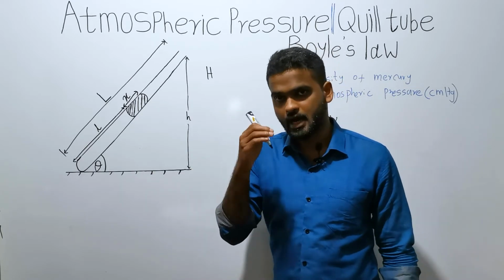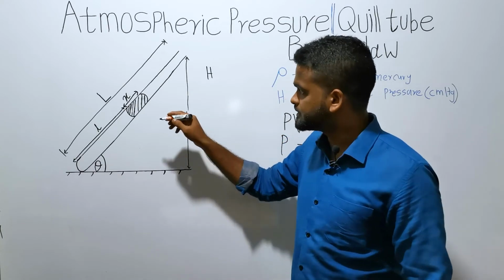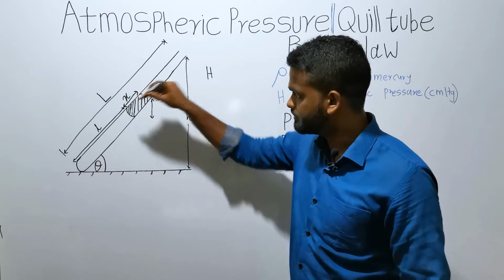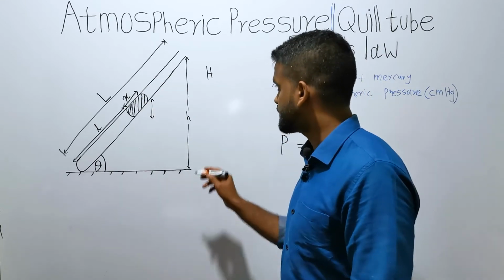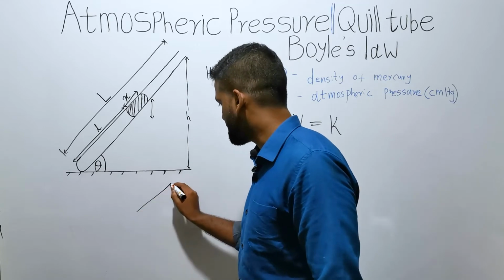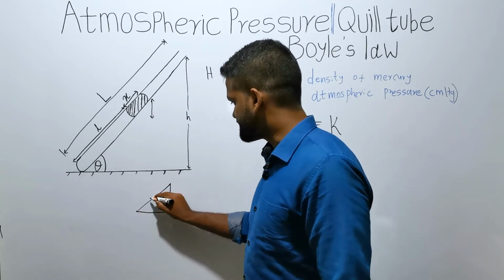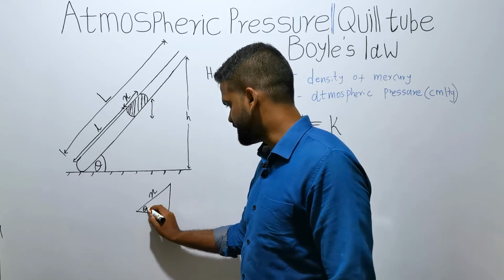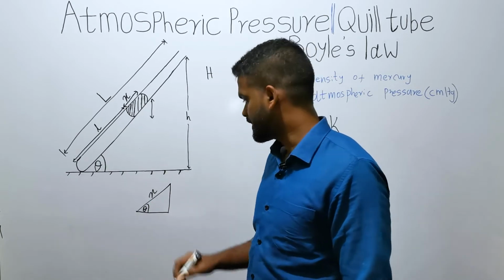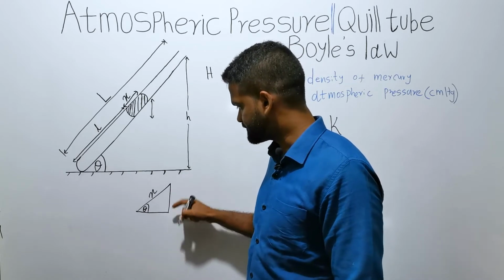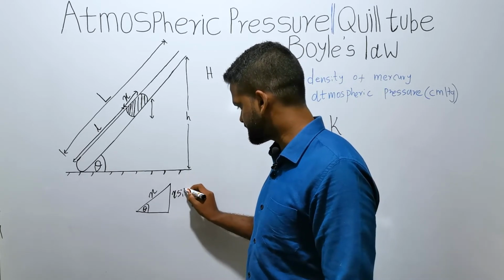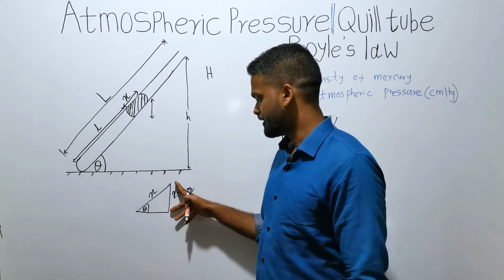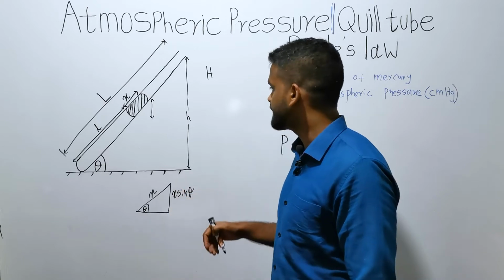For the hydrostatic pressure, we have to consider the vertical height of the mercury column. If I draw a triangle, this is the length of the mercury column, and theta is the inclination. So this vertical height is x sine theta.